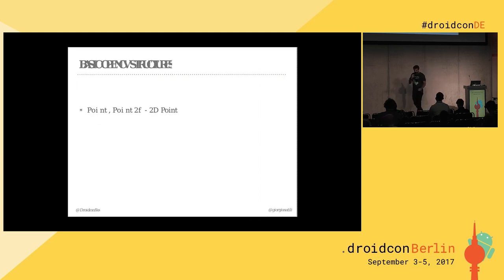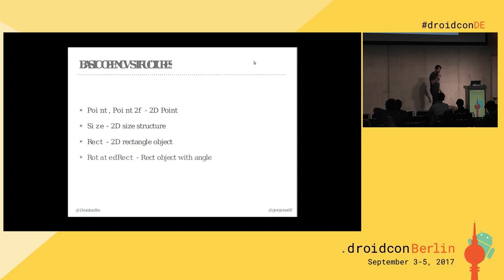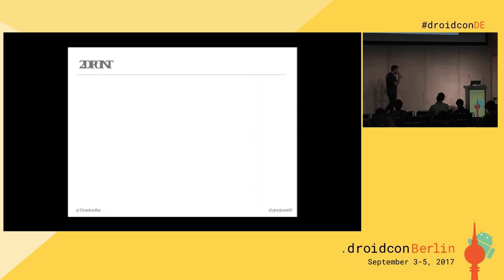Let's talk a little bit about the basic data structures of OpenCV. There is the Point, the Size data structure, the Rect, the RotatedRect, and the Mat object. The Mat object is a matrix that represents the image. This is the data that you manipulate and deal with to do any processing.